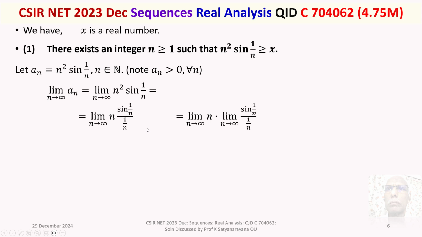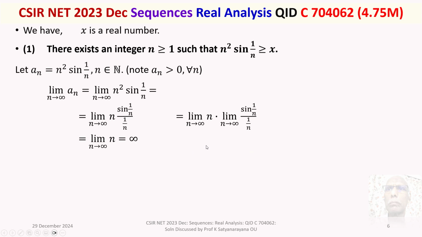So the limit of the product is equal to the product of their limits. Limit n tends to infinity of n multiplied by limit n tends to infinity of sine 1 by n by 1 by n. And as n tends to infinity, 1 by n tends to 0. It amounts to limit x tends to 0 of sine x by x, that is 1. So that is equal to limit n tends to infinity of n, which is obviously infinity.